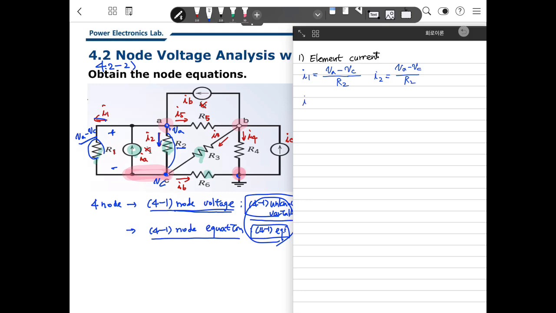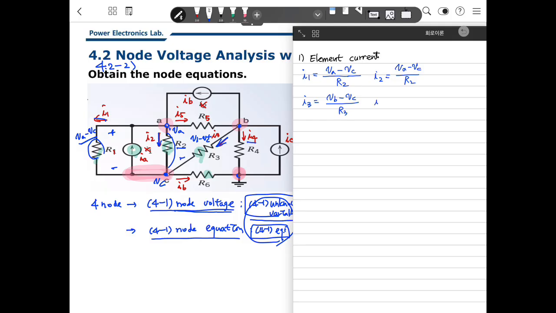And what is I3? I3 is the current from here. The voltage difference between here and here is, this is VB and this is VC, so VB minus VC divided by R3.